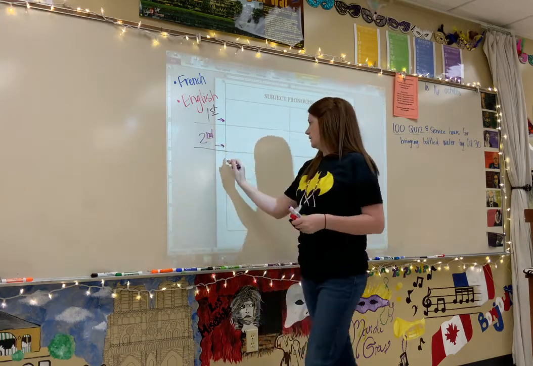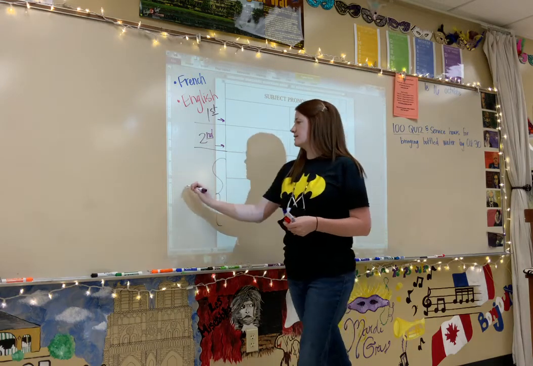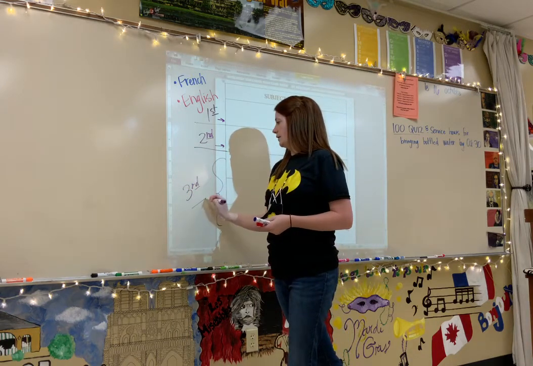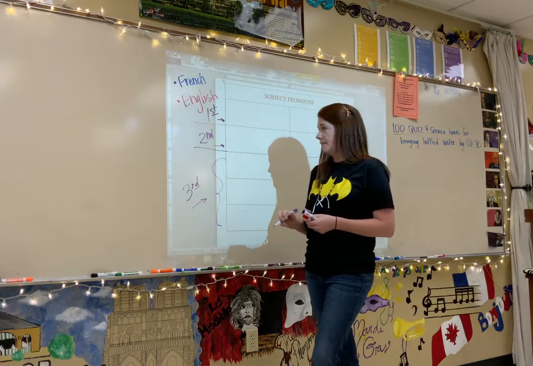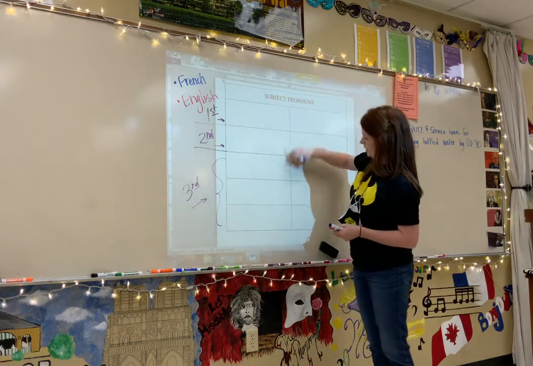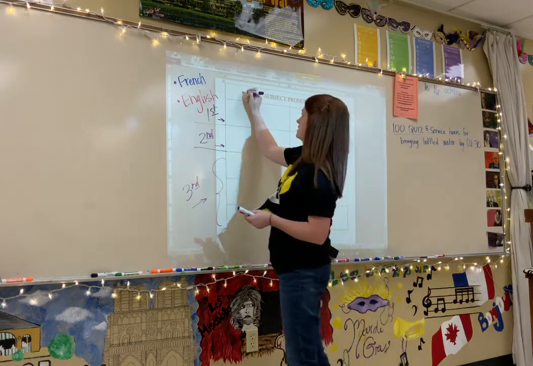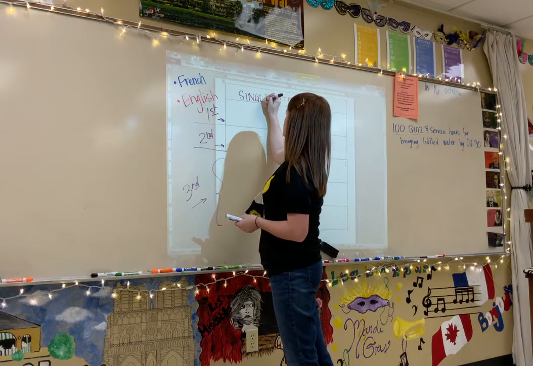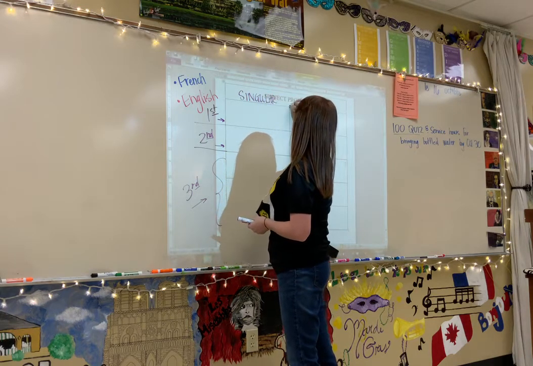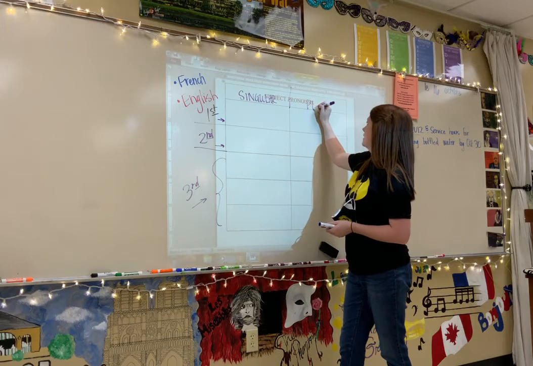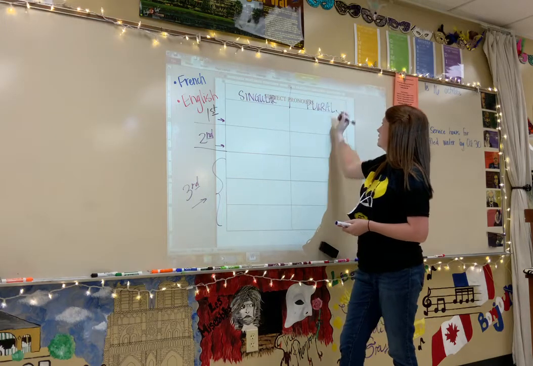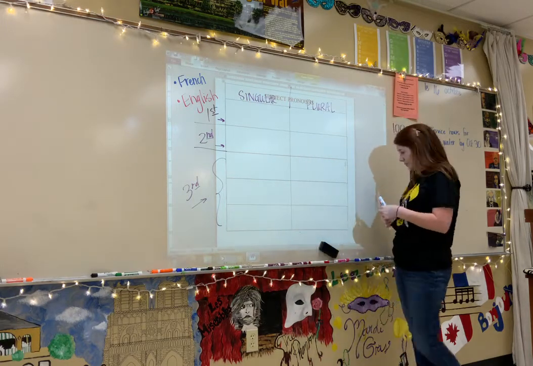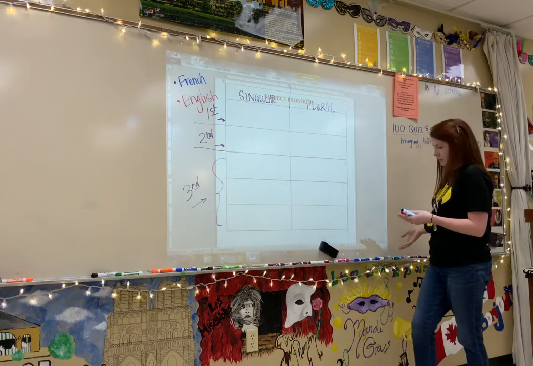Then all of this below that, the last three lines, is your third person, okay? This side of your chart, the left side, is singular, so your singular subject pronouns. And the other side is your plural subject pronouns.